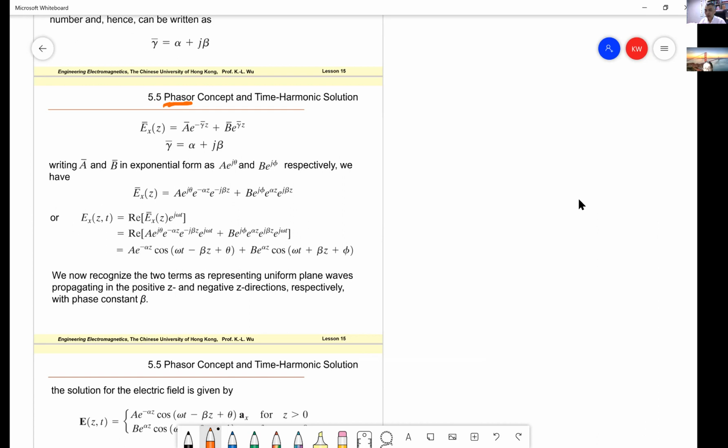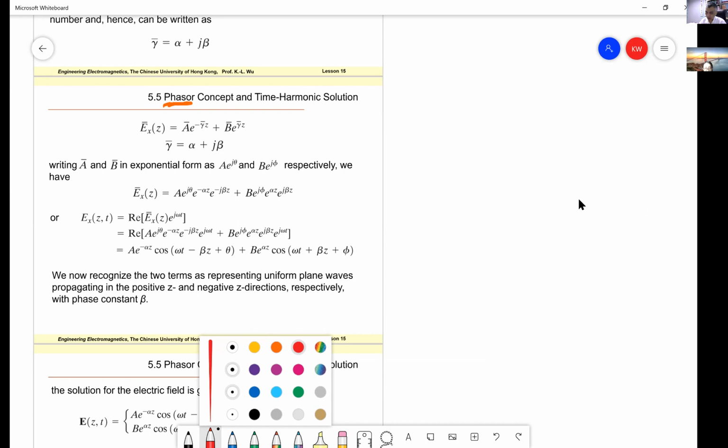Then in the phasor domain, or sometimes we call it the frequency domain, we consider that the time variation of the electromagnetic field follows a sinusoidal fashion. And then we come up with a wave equation, which in a simple case becomes an ordinary second order differential equation.